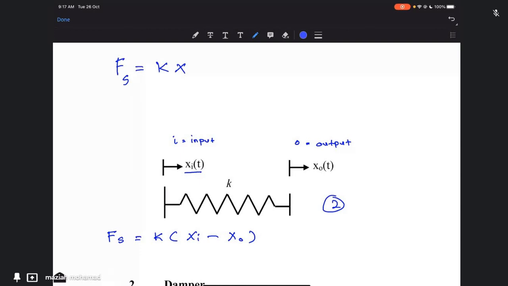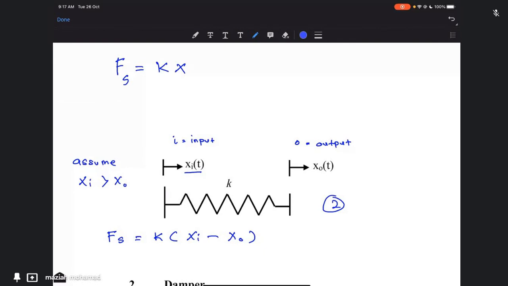Normally we write xi minus x naught because we always assume that xi is bigger than x naught. This is just an assumption. Because I want to write xi minus x naught, I assume xi is bigger than x naught, so the calculation will be positive. But if you assume x naught is bigger than xi, then you need to write x naught minus xi.